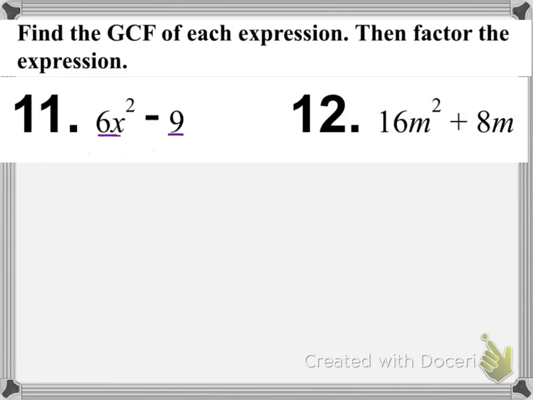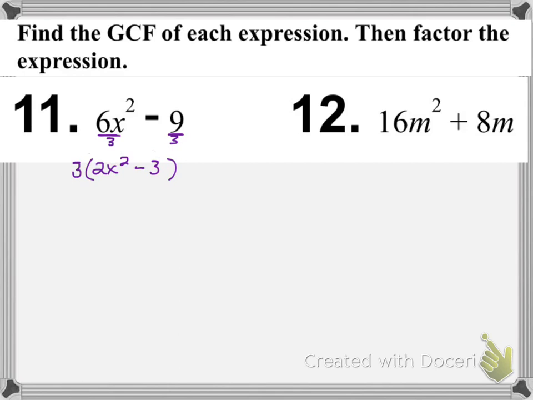So on this one, the GCF between 6x squared and 9 is 3. So I will factor out the 3. And so that means I'm going to divide both of these terms by 3. And so I have 2x squared minus 3. Really can't go any further. There isn't any difference of squares inside the parentheses. So this is already in factored form.